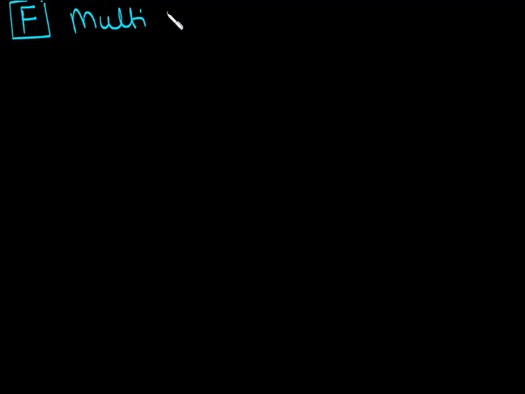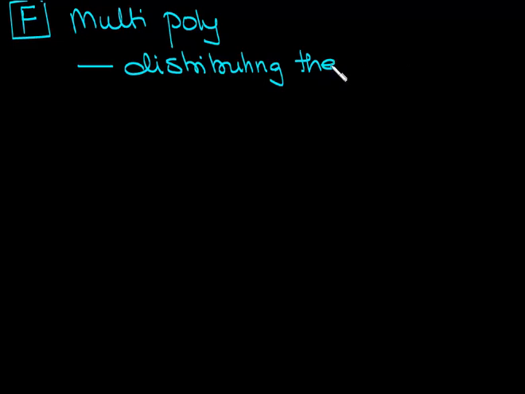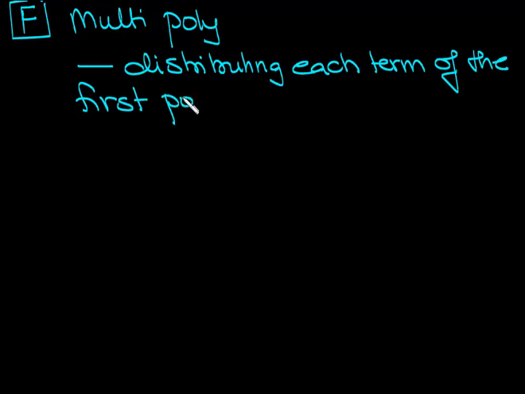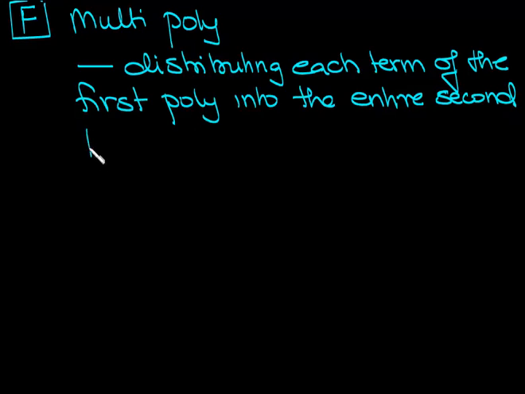Multiplying polynomials just boils down to distributing each term of the first polynomial into the entire second polynomial. So that's what it boils down to. So here are some examples of that.